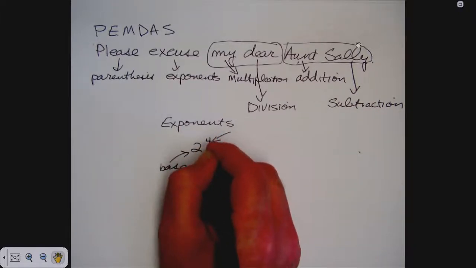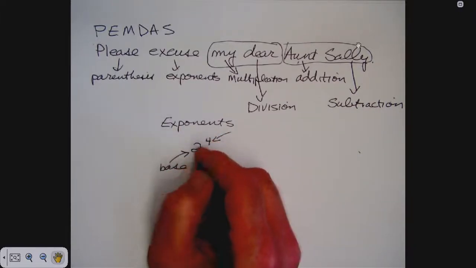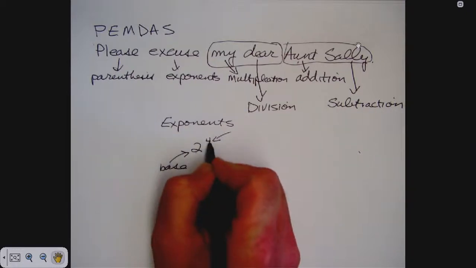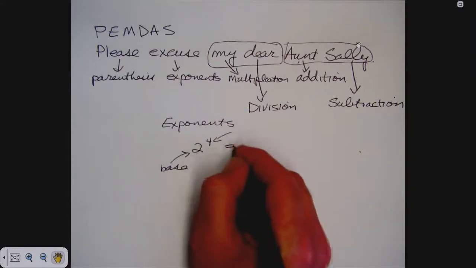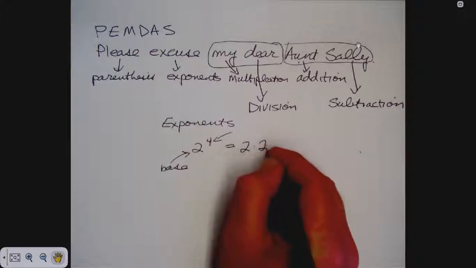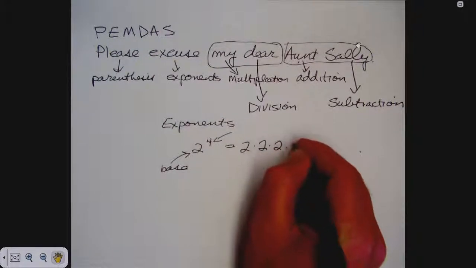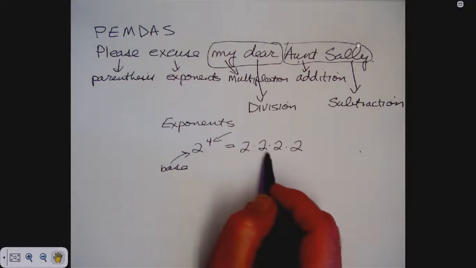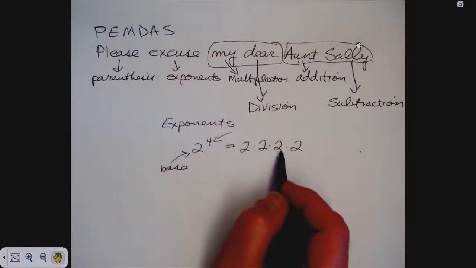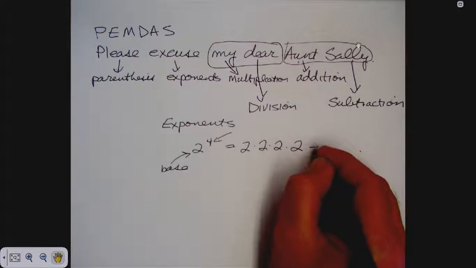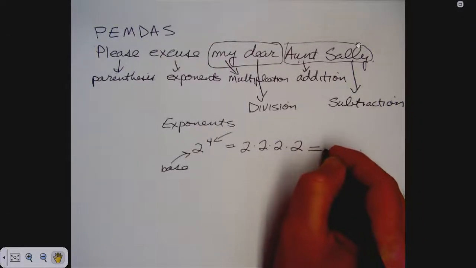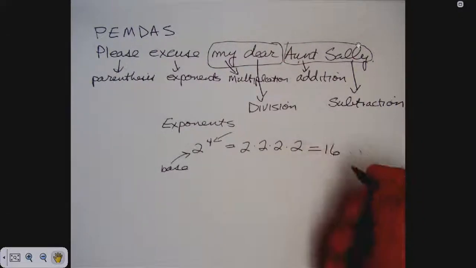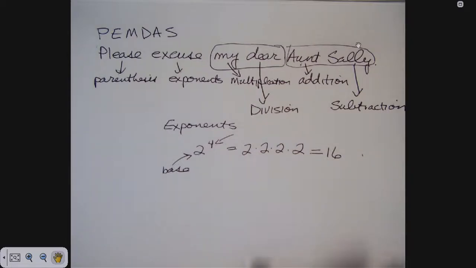So this is the exponent here, the fourth, or we're saying we're taking 2 and raising it to the fourth power. And this means 2 times 2 times 2 times 2. And if we were going to simplify this further, 2 times 2 is 4, times 2 is 8, times 2 is 16. So 2 to the fourth simplifies to 16. So that's a little bit with exponents.